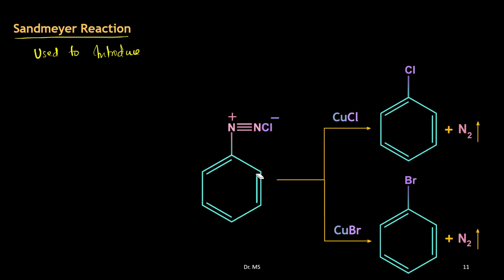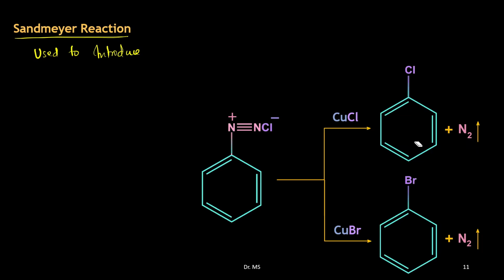You have a diazonium ion, as there are two nitrogens. And what we are getting is a benzene ring with chlorine or a benzene ring with bromine. So in the Sandmeyer reaction, you are using a diazonium salt and converting it into the aryl halide. That's the Sandmeyer reaction.